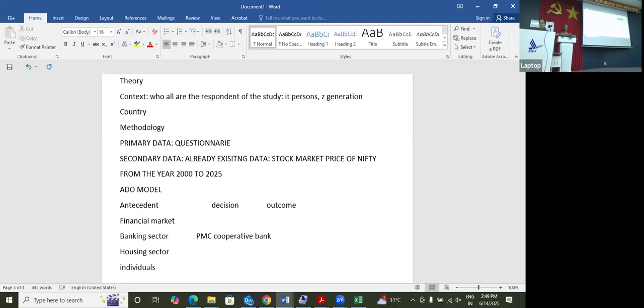In the housing sector, what you can write is the subprime crisis in 2008, and the Kingfisher person made the fraud as an individual in the banking sector. So you can divide. This is your antecedent. This is what I got from just now.